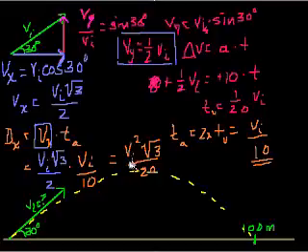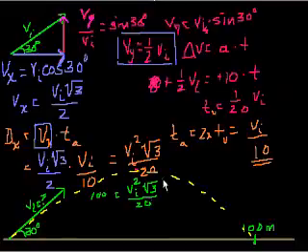So now we know, as a function of our initial velocity, how far this thing is going to travel. Well, we want it to travel exactly 100 meters, so we just set them equal to each other. 100 is equal to V sub I squared times the square root of 3 over 20.